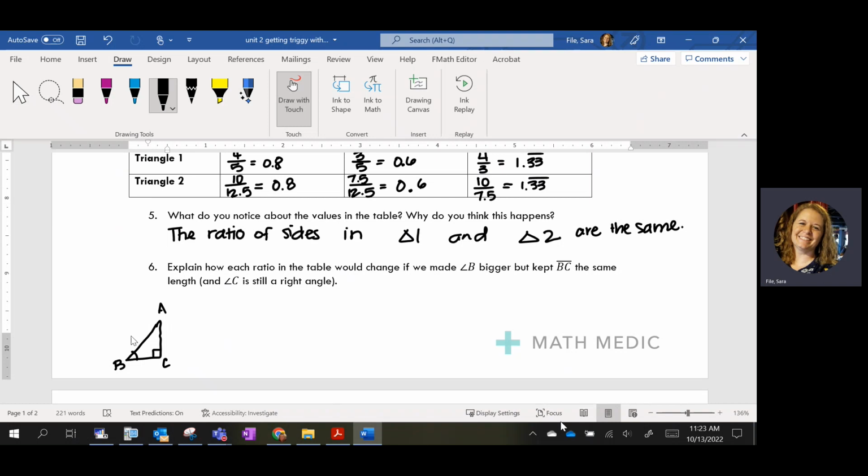It's like it's opening a door wider. Okay, so I'm going to keep BC here the same length, but instead of having the door open this much, I'm going to have it open this much. See how that's a bigger opening here, a bigger angle? Okay, but we want to keep C to be a right angle, so we still want that to go straight up.